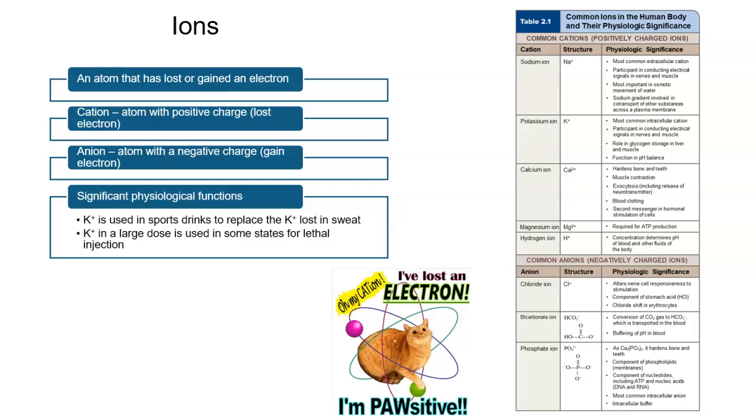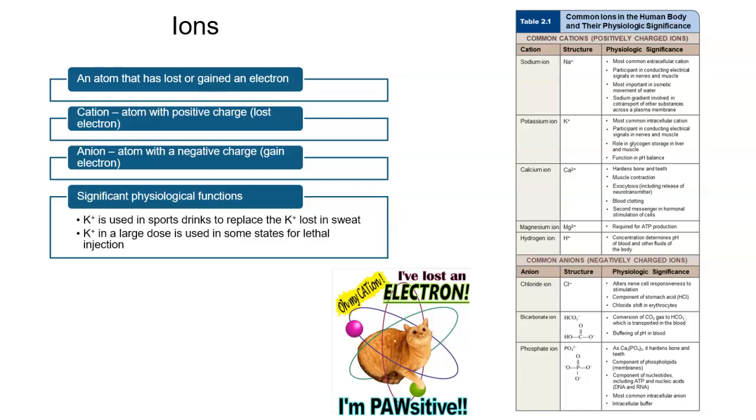There's so many important ions found in the human body. So let's talk just for a moment about one of these particular ones, such as potassium. So potassium is very important in maintaining something called resting membrane potential. We'll get to that in just a minute.